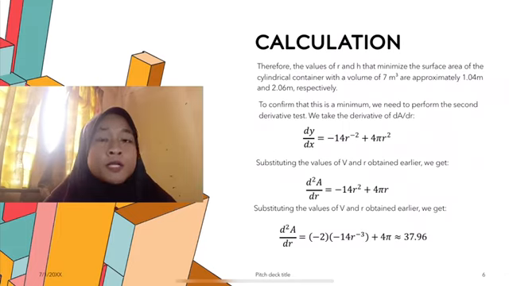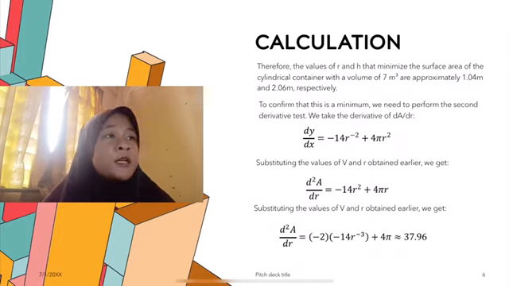To confirm that this is a minimum, we need to perform the second derivative test. We take the derivative of dA per dr, which equals negative 14 r power of negative 2 plus 4 pi r.